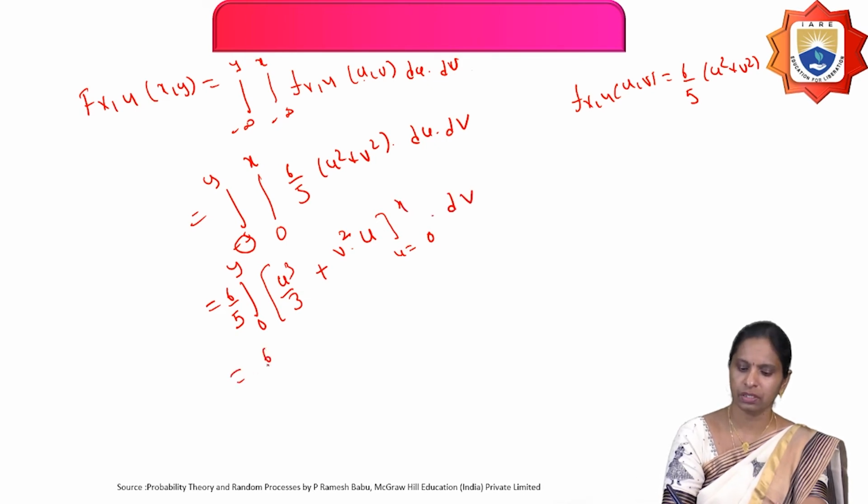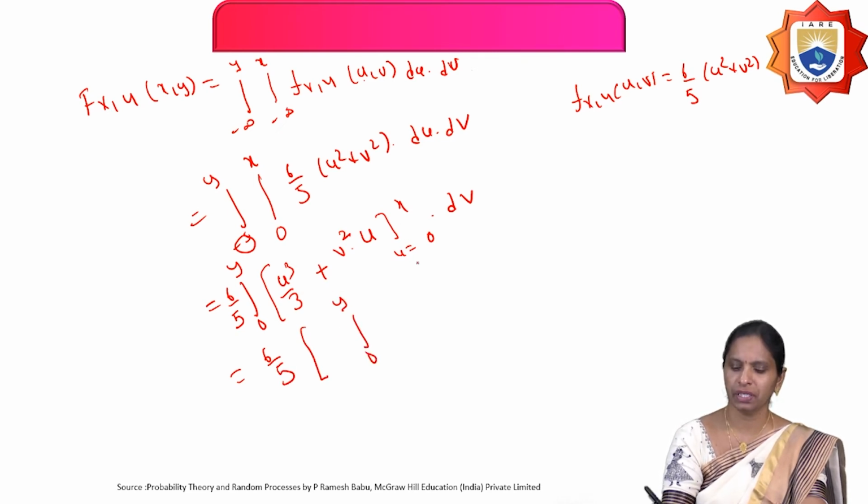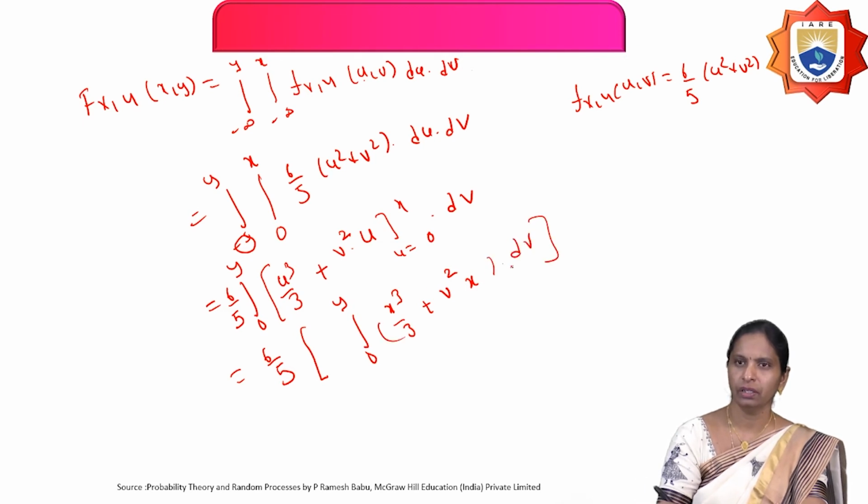That equals 6 by 5 integration 0 to y. The upper limit in place of u is x, therefore x cube by 3 plus v square into x. The lower limit is 0, therefore 0 by 3 and 0 into something is 0 here, into dv.